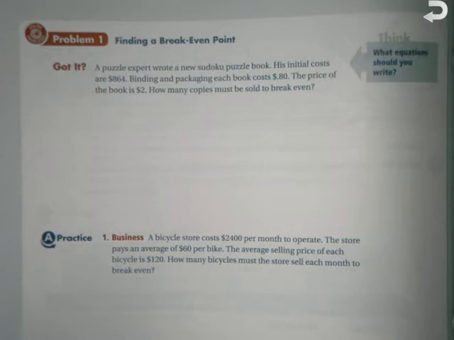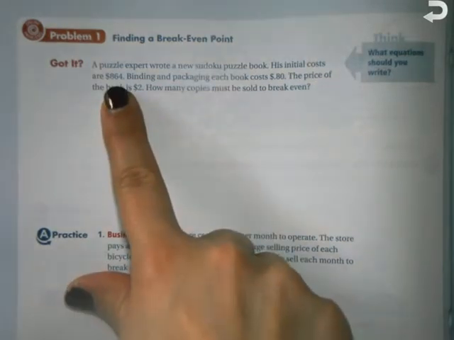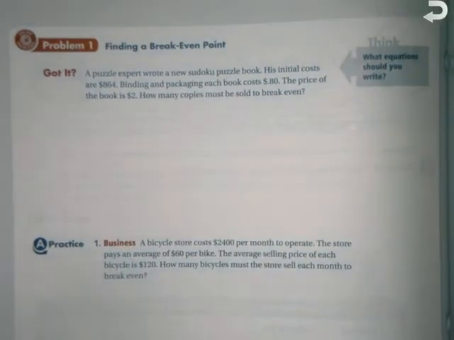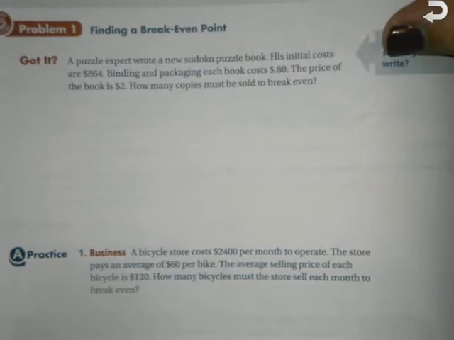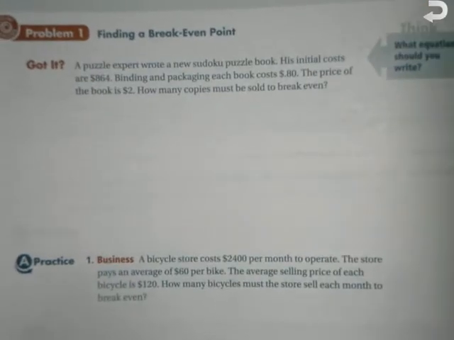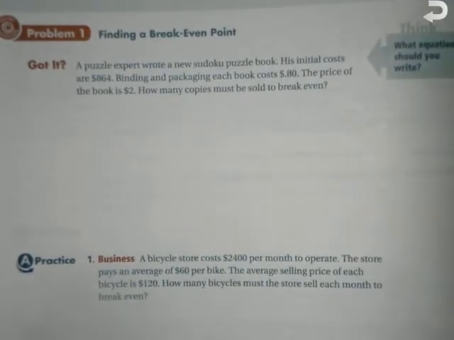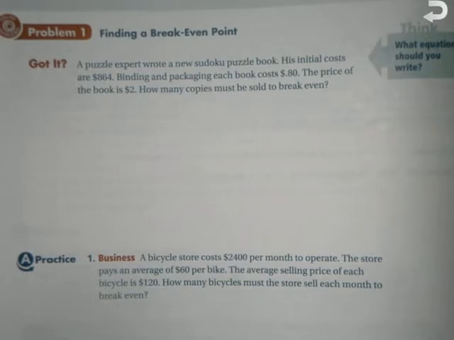And then usually after that, the break-even point, your expenses are less than your profit and you're just making money. Okay? So let's read this question together, and then we're going to end up making an equation for expenses, an equation for the profit, and then we're going to find where the break-even point is.